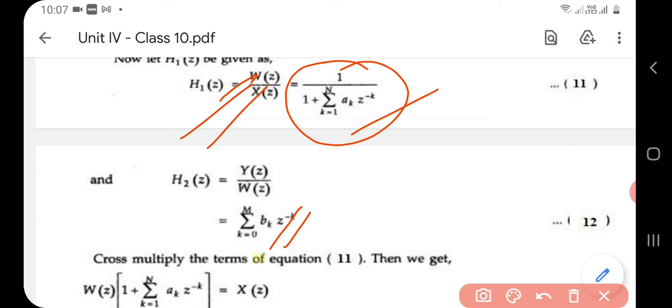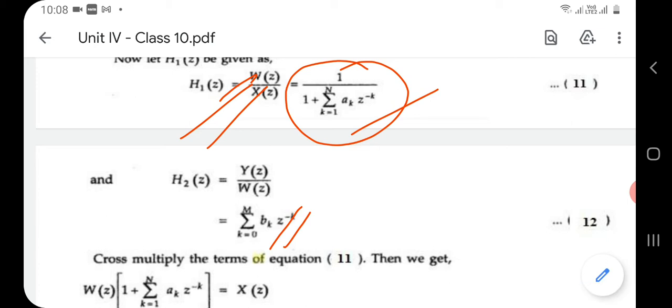So when you compare H1(z) and H2(z) in direct form 1 and direct form 2, then we will understand this difference. Okay, so when you see the expressions, you will understand that difference.